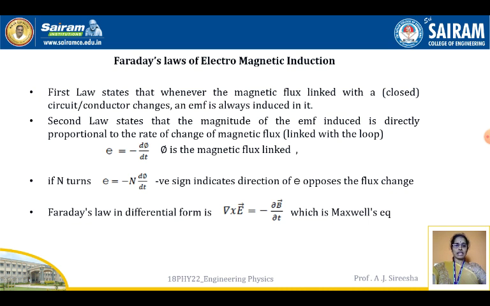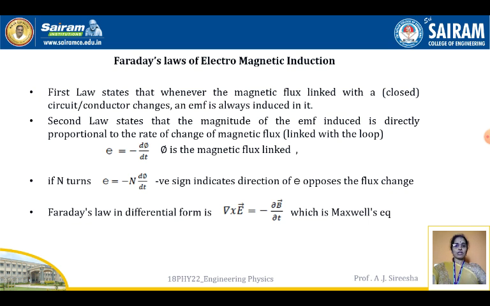Next, Faraday's law in differential form is del cross E is equal to minus dou B by dou t, which is a Maxwell's equation.